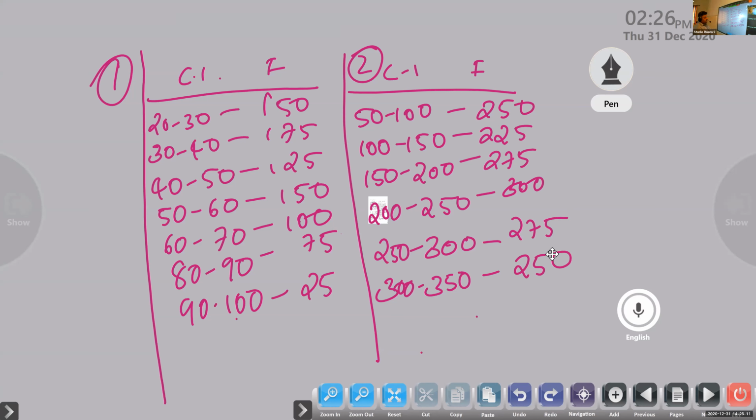Copy the questions. Aishwarya, I'm thinking the calculation has an error. Just check it one more time. Just copy these questions first. For the first question, did you miss a class 70 to 80?